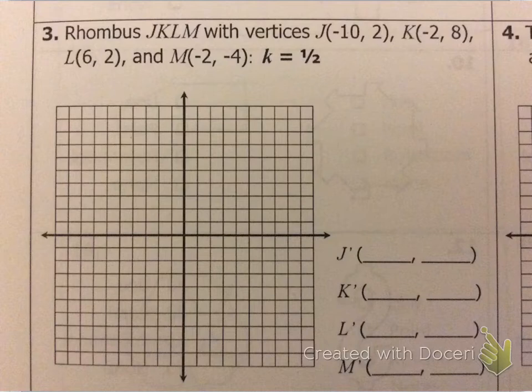If I said 1/2 scale factor, then multiplying everything by 1, the numerator, is not going to do anything, and then divide by 2. Basically 1/2 is dividing by 2, right? So the new image is going to be -5, 1, -1, 4, 3, 1, and then -1, -2.